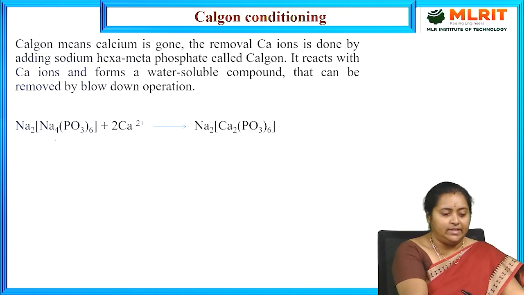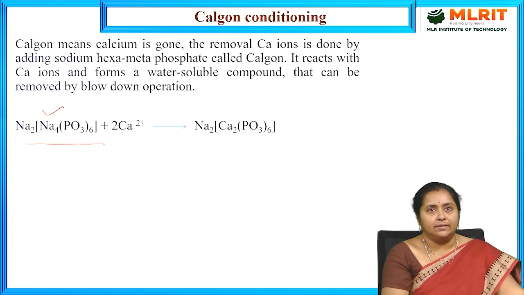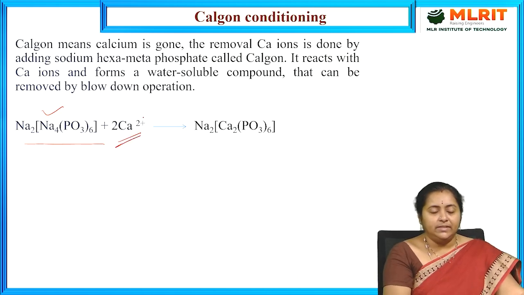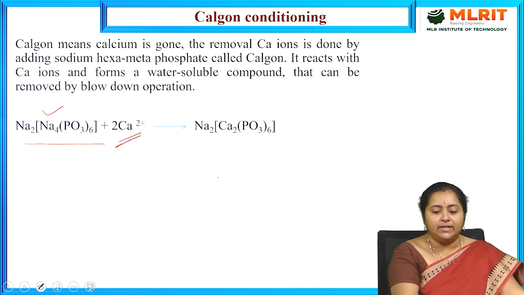As I told you, Na6(PO3)6 is the formula for sodium hexametaphosphate. For convenience, I am going to write it like this because the valency of calcium is 2. That means each 1 mole of calcium is able to replace 2 moles of sodium. So here it is 4 moles, and that's why it is equal to 2 moles. So in the product we will get Ca2.